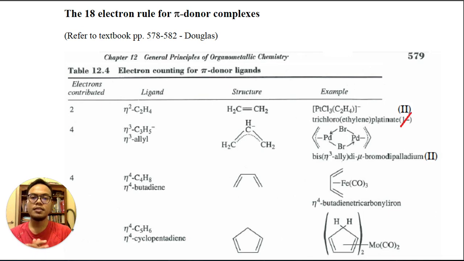So in the last video, I talked about the 18 electron rule for pi donor complexes. Even though there were not so many questions coming in to me, I believe that some of you might have had some difficulties in understanding how electrons contributed per ligand is actually calculated.